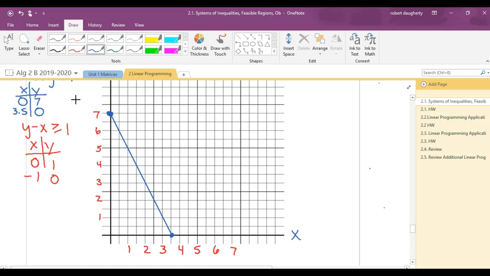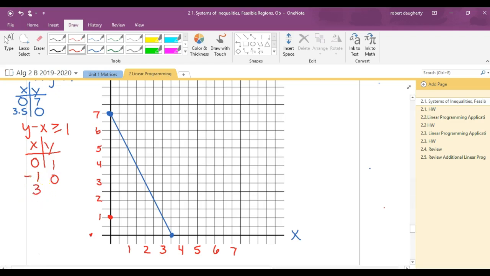Now the red line goes through 0, 1, and what? -1, 0. So that's somewhere about right here. Now, if I don't like that, well, that's sort of off the graph. Why don't I pick another number? What would happen if x were, say, 3?